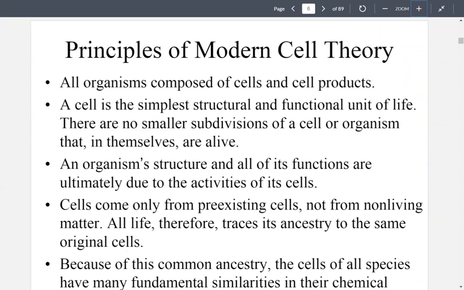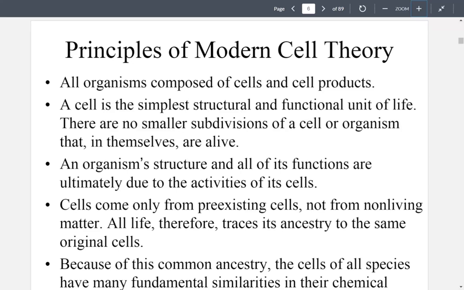Now you might be thinking in your head, well, what about a virus? Viruses, there's a lot of hot debate on whether or not we consider them alive. You might think prions, if you've heard of them. Prions are just proteins, abnormally structured, put together proteins, but they're just proteins. They have no characteristics of life.